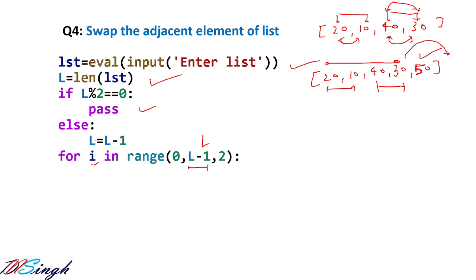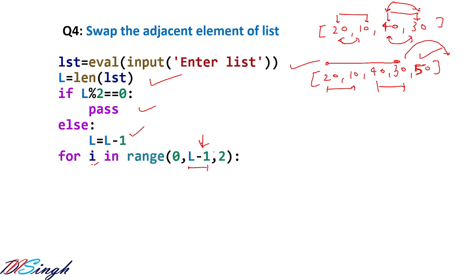Remember, this L minus 1 is different. If it is odd, first we will subtract 1 and then again we will subtract 1. But this subtraction will remain as it is for all lengths. Like if the length of your list is even, then also you will get L minus 1 here.